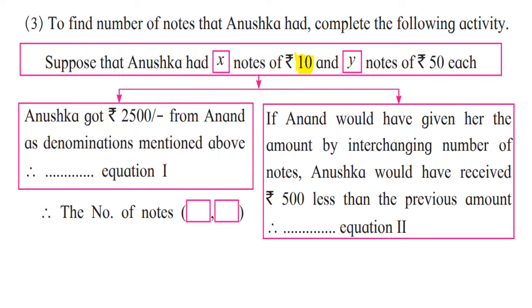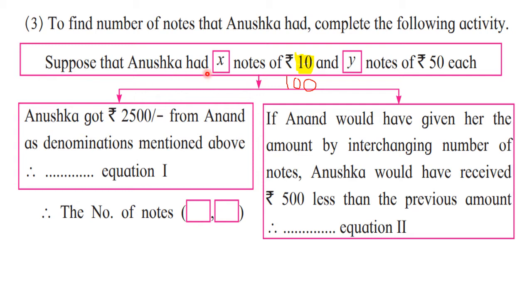Here, instead of 10, it should be 100. So those who have old editions of the textbook, please make a change. Take a note of this change. Those who have the new edition, the change is already done.